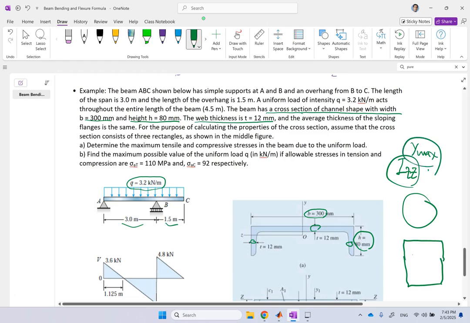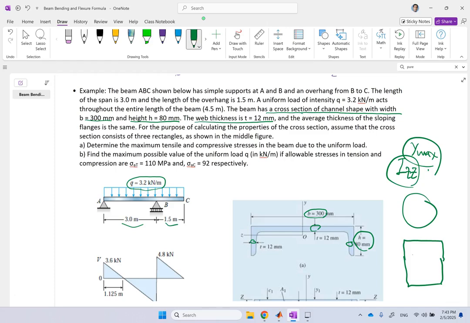We have to find these for this cross section. And for that, we need to use the stuff we learned in statics about centroid and about the moment. So this is a good practice on that as well. Now you can see applications of centroids and the moments that you learn in statics. You're going to use it here right in solid mechanics.